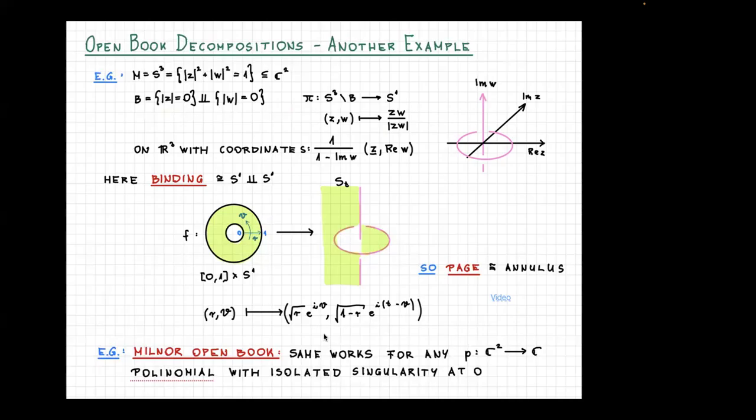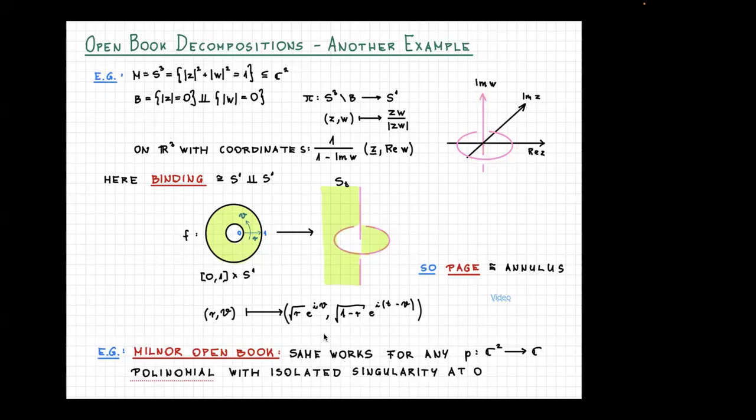Okay, so if you draw this, this is the w equals 0 part, and this is the z equals 0 part.